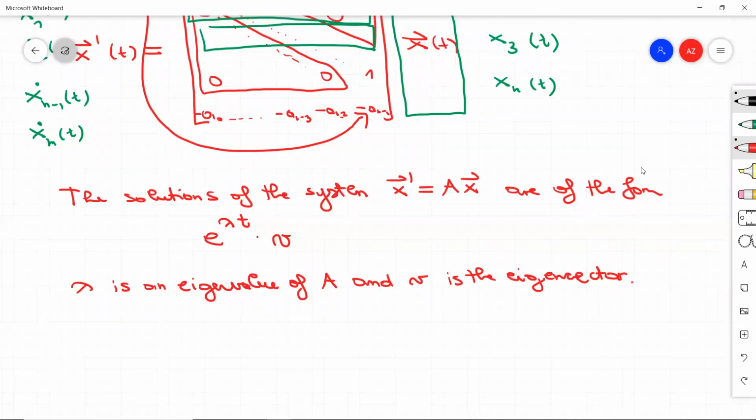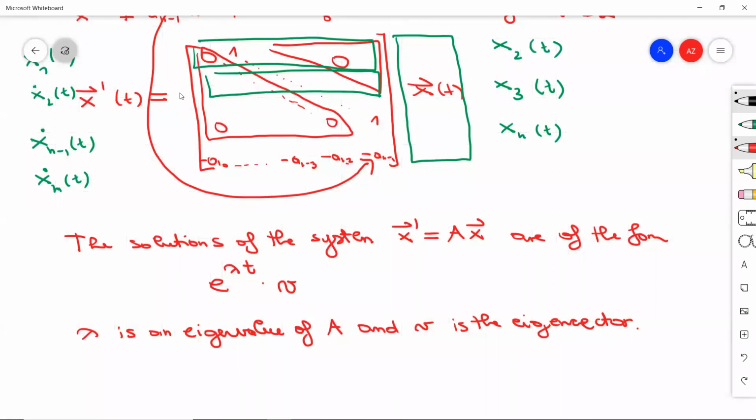If you try to compute the eigenvalues of A, they are the zeros of the determinant of A minus lambda identity.